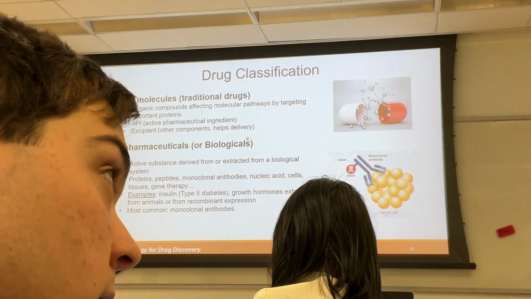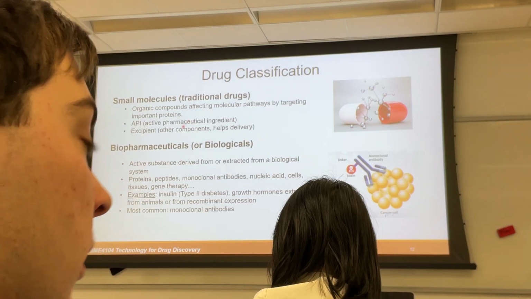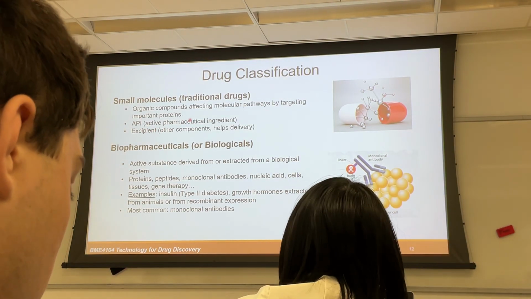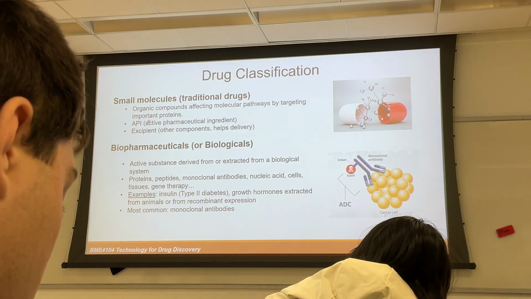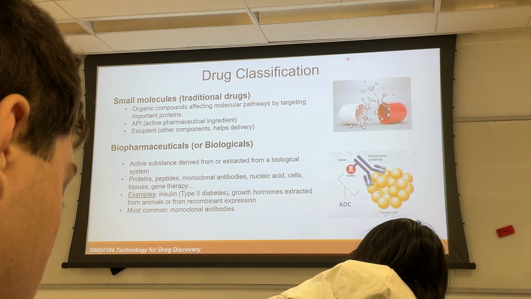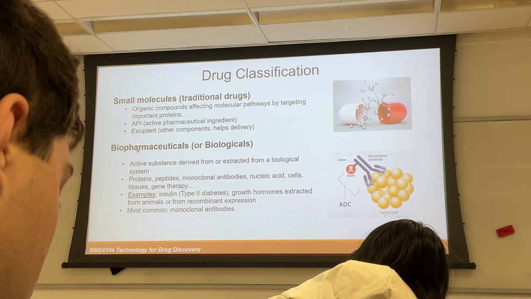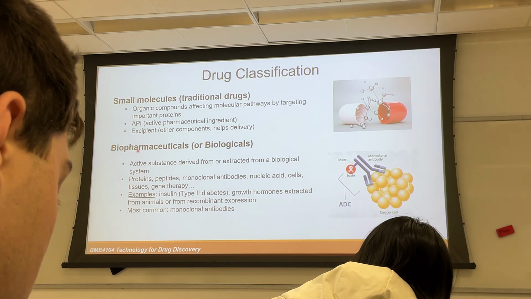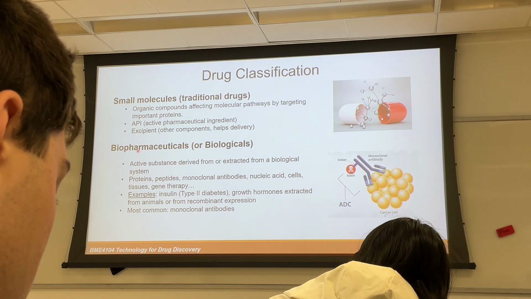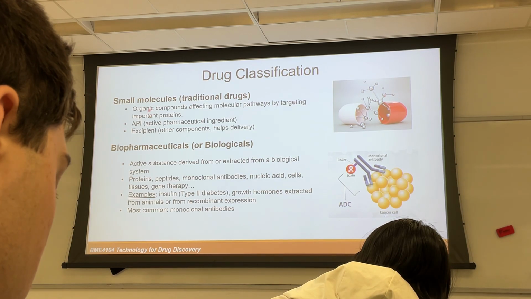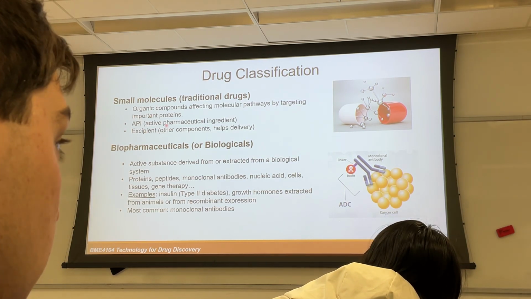Usually in these types of drugs, there's a component called API, the active pharmaceutical ingredient. That is just the molecule that's doing the work. The drugs that we take are usually in tablet or capsule format, right? And the capsule or the starch surrounding it is called excipient, which is not active.